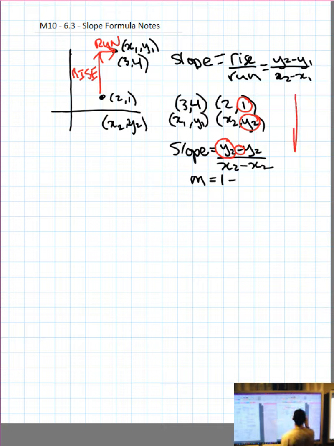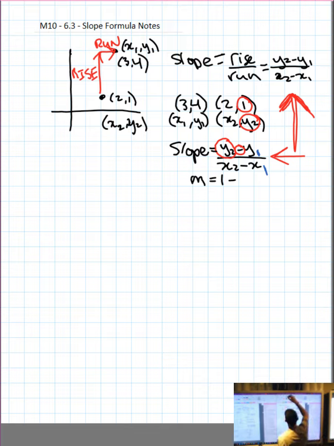So above, I wrote it correctly. Right here, I accidentally put this being a 2 and this being a 2, and they should both be 1s. I'm going to erase them both, and I'm going to put 1s back in blue so you know the mistake that I made. The formula from above: y2 minus y1 over x2 minus x1.